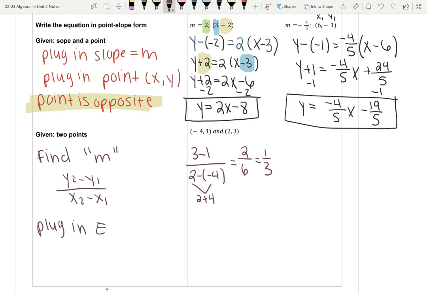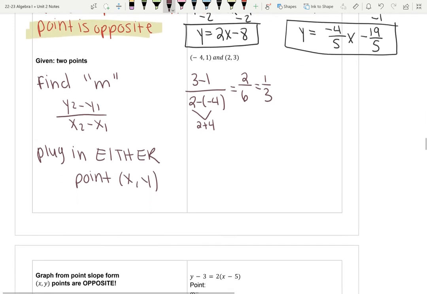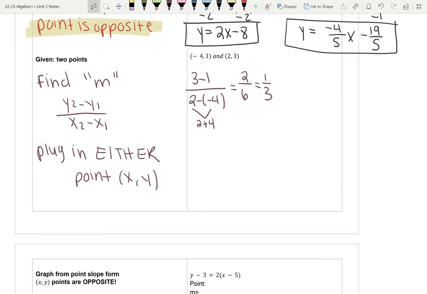Now I'm going to choose a point to plug in. So plug in either point. For this example, I'm going to pick the negative 4, 1 to plug in. But you could also plug in 2, 3, and you're going to get the same answer. So I'm going to have y minus 1 equals 1/3 times x minus negative 4.